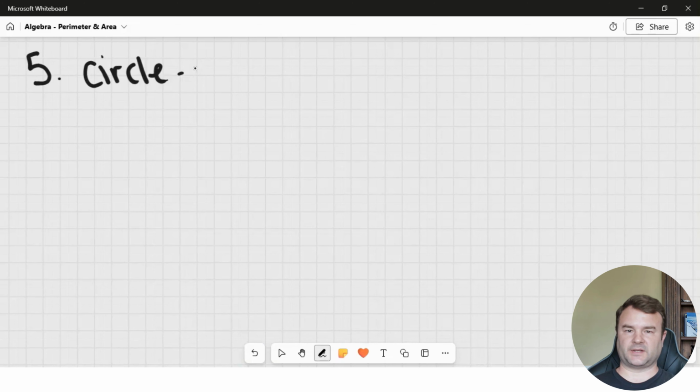And we all know what a circle is, but let's define this just to be thorough. It is the set of all points in a plane that are the same distance from the center.